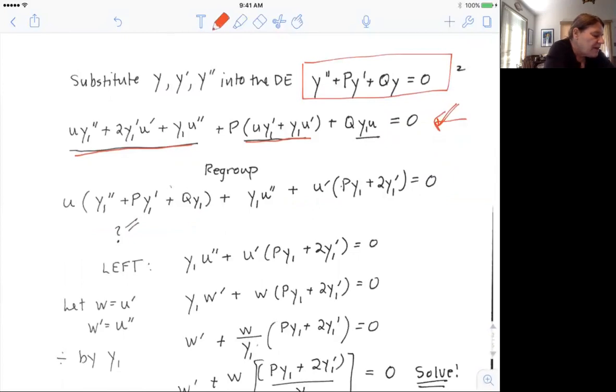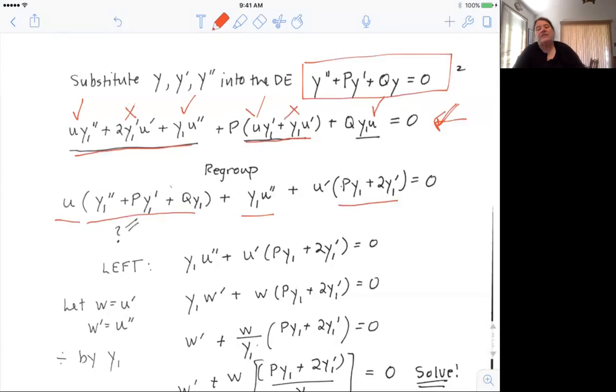I'm going to take all the things that have a u in them, right there and right there, and I'm going to take them down here and pull that u out. What's left is y1 u double prime. There's the u double prime, only one of those. And then I'm going to pull the u prime out of this one and out of that one. That's where that came from.